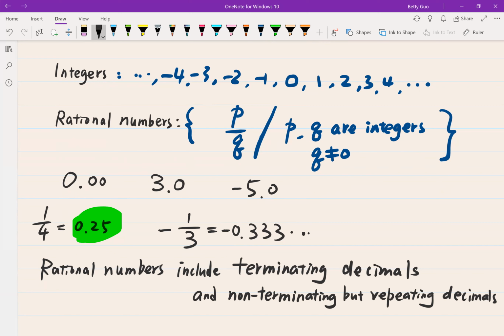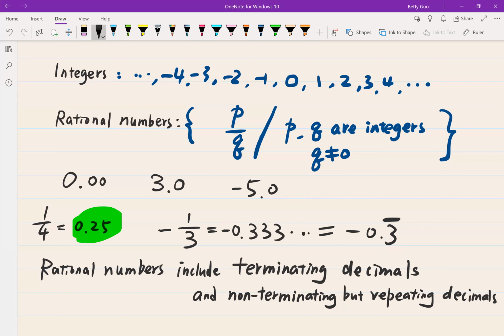But it's repeating. 3 is repeating. There's a pattern for the digits to the right of the decimal point. We actually have a way to write a non-terminating but repeating decimal. For negative 0.333, 3 repeating, we can write it as negative 0.3, with a horizontal bar above the 3. That means 3 repeating forever.